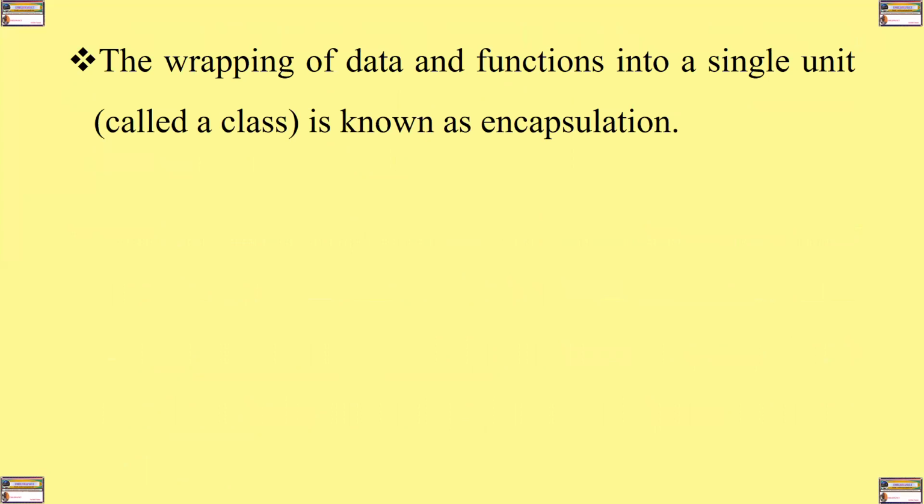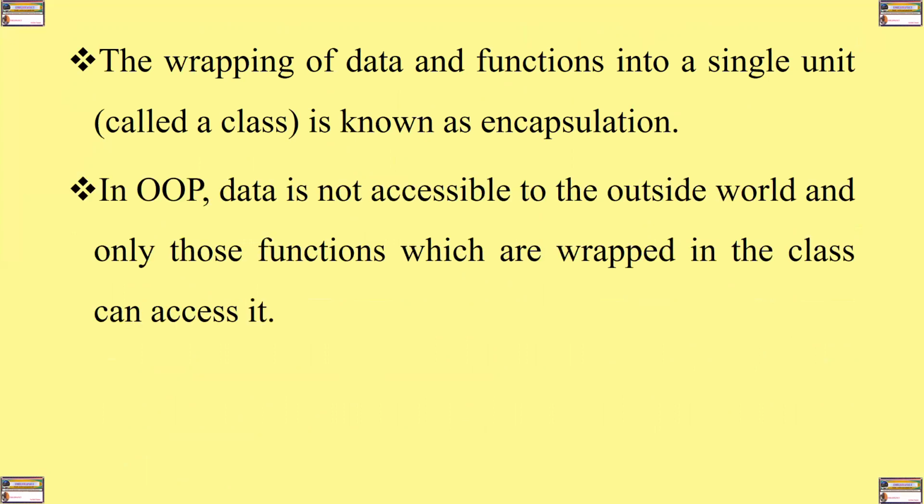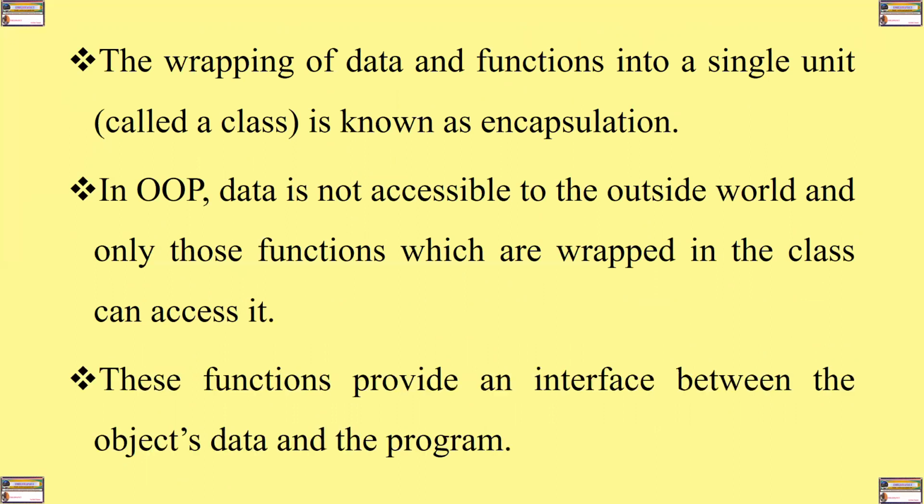The wrapping of data and the functions into a single unit called a class is known as encapsulation. In object-oriented programming, data is not accessible to the outside world, and only those functions which are wrapped in the class can access it.